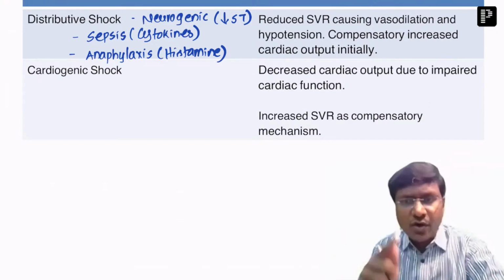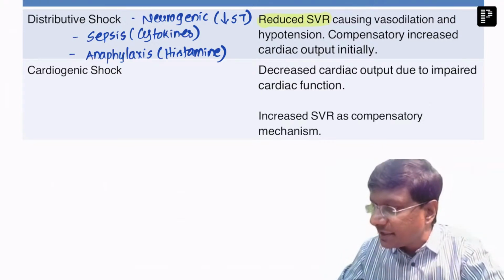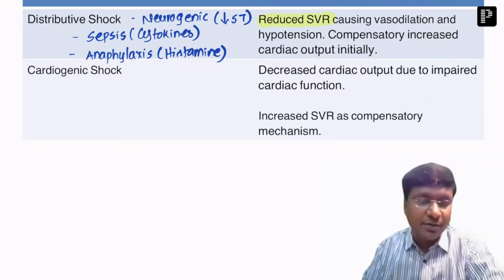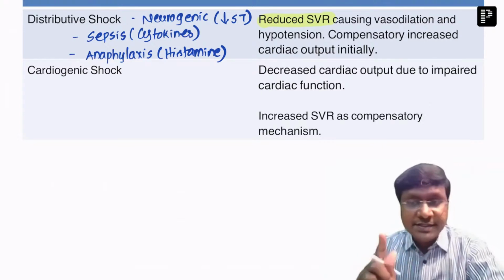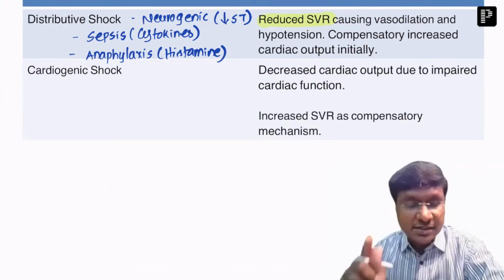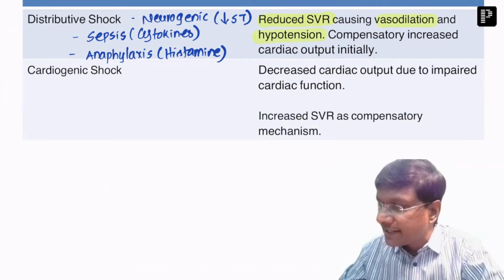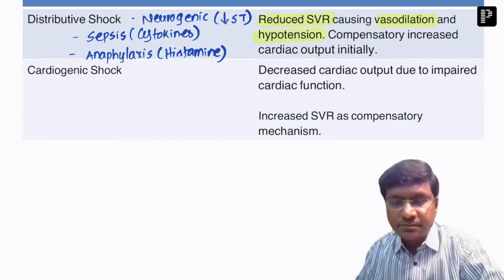Now, because of all these, there will be reduced systemic vascular resistance. That is the main problem. And because of reduced systemic vascular resistance, that will lead to vasodilatation as well as hypotension.